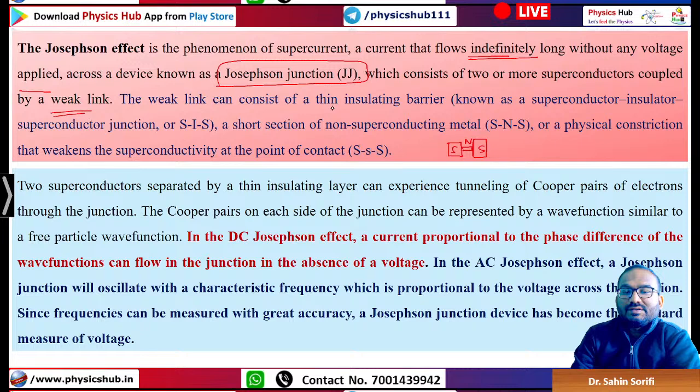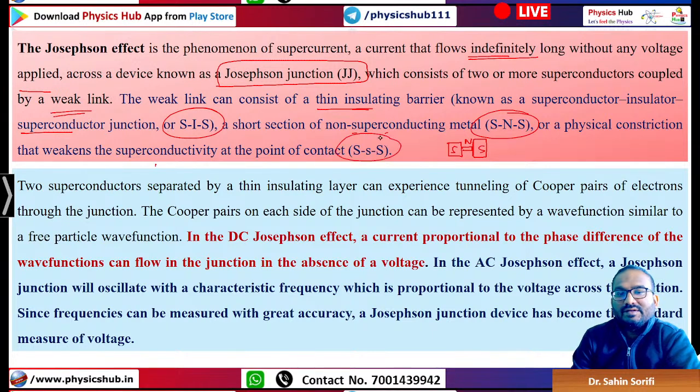The weak link can consist of a thin insulating barrier, known as SIS, a short section of non-superconducting metal, SNS, or a physical constriction that weakens the superconductivity at the point of contact, SSS.